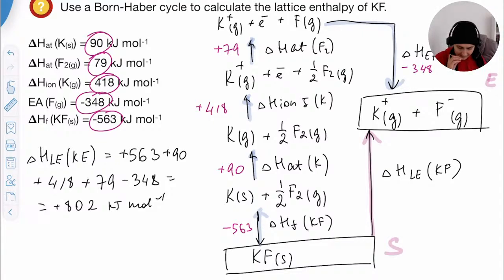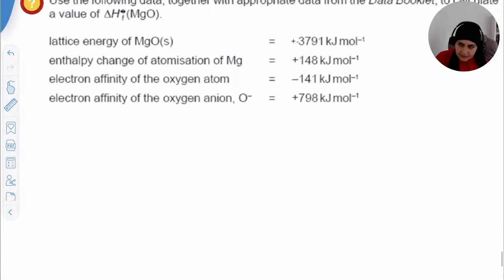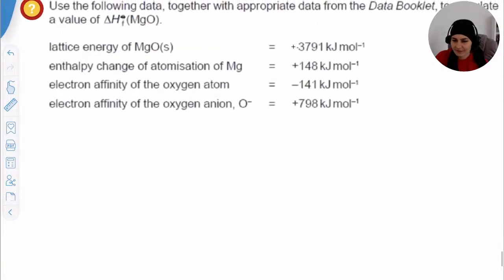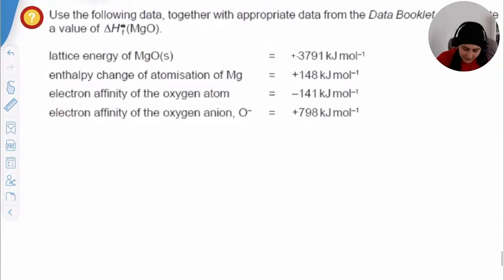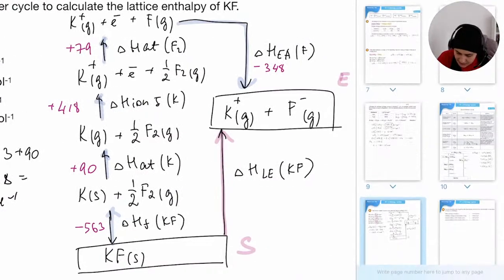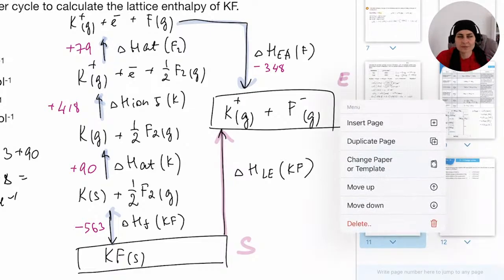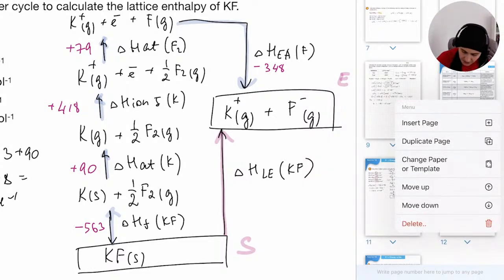I hope it's fine. Then next, I was thinking I'll show you another example. I still have maybe 15 minutes max. I'll show you how to plot a Born-Haber cycle without numbers, just the cycle itself, for some other substance, for example magnesium chloride, so that you have 2 plus and 1 minus charge, and let's see what changes there.